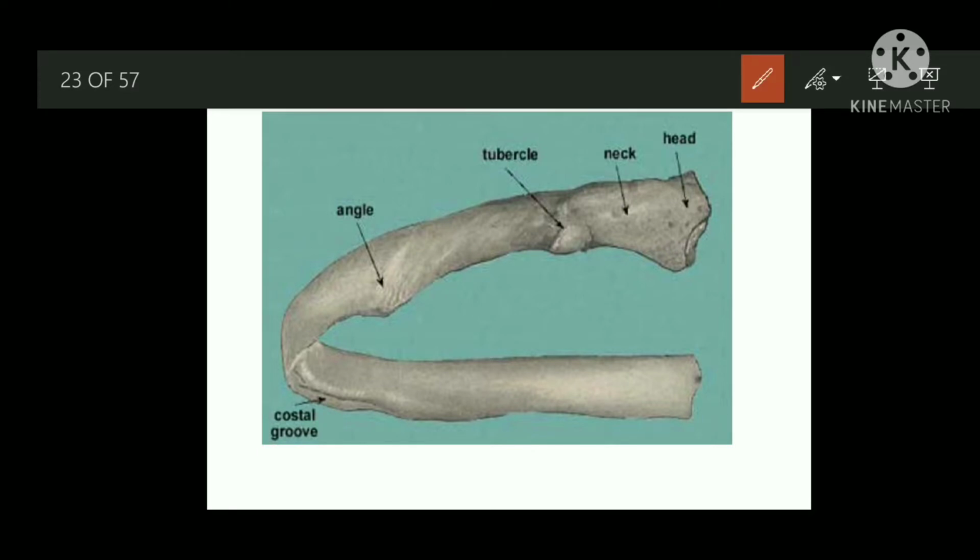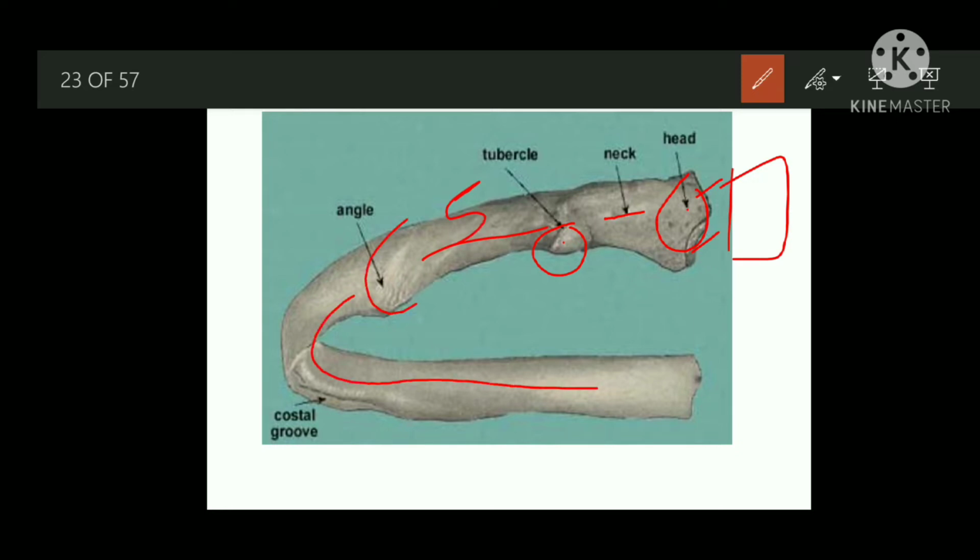Ribs have a head posteriorly that contains a facet that articulates with the body of vertebra to form the costovertebral joint. There is a neck, and beyond the neck there is a tubercle that articulates with the transverse process of the vertebra to form the costotransverse joint. And 5 cm anterior to the tubercle there is the angle, where the rib changes its curvature.